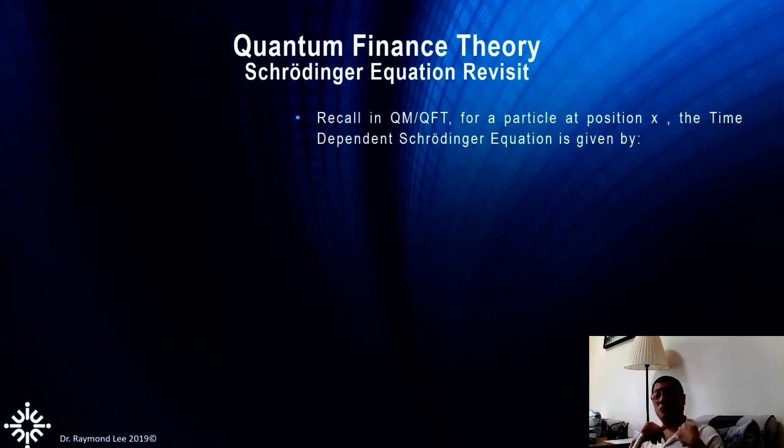Because for Newton's law of motion, the displacement is from the original position in the whole life cycle. But for a quantum particle and the Schrödinger equation, the x is the particle displacement from a particular stable state. So you can imagine it's a kind of oscillator, and of course it has a stable state. So x is the displacement.